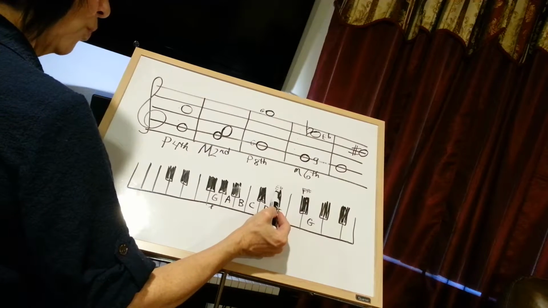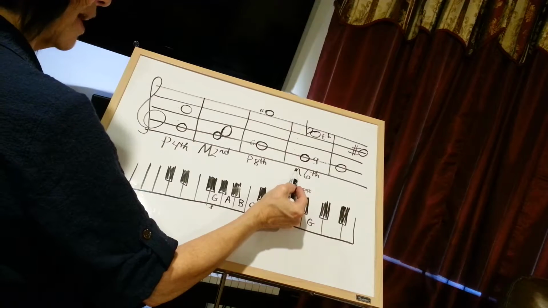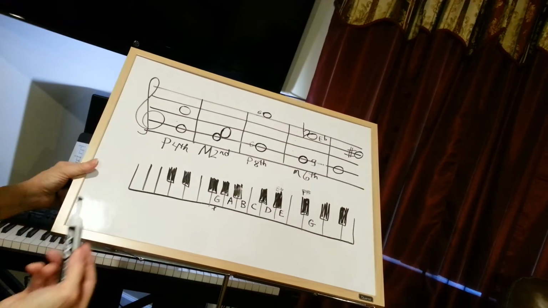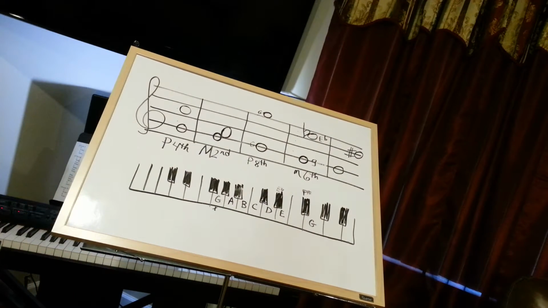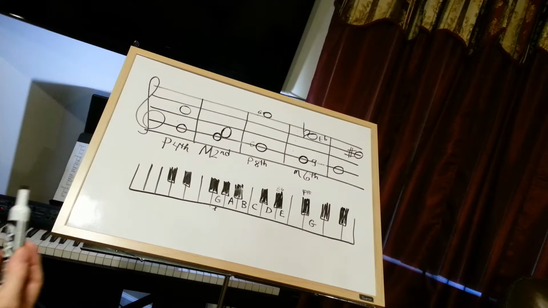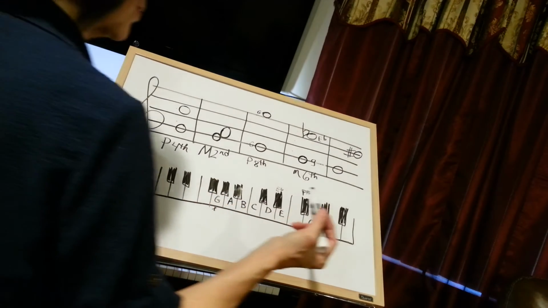And I went lower to the next key, which makes it a minor. Remember, only your seconds, thirds, sixths, and sevenths can become minor. You make those minor when you move lower half a step. Okay, let's look at the next one.